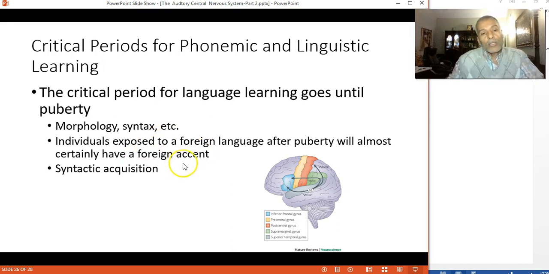So take this into consideration when you compare testing results, when you look at their performance on test scores and how long they have been exposed to the language, and so on.